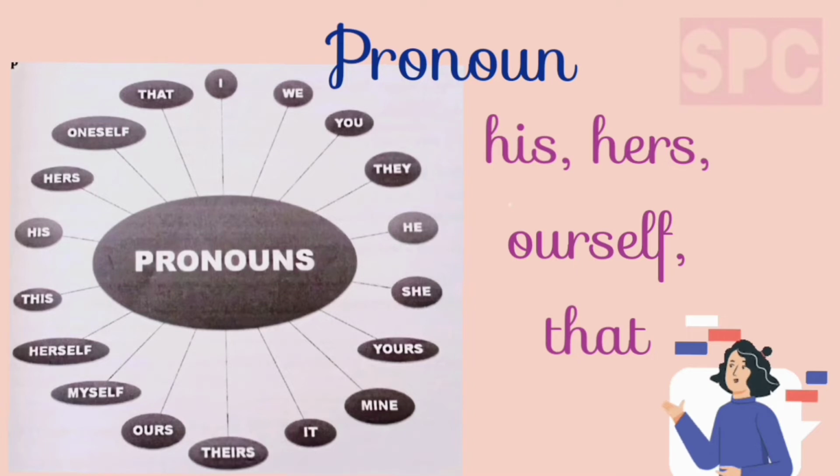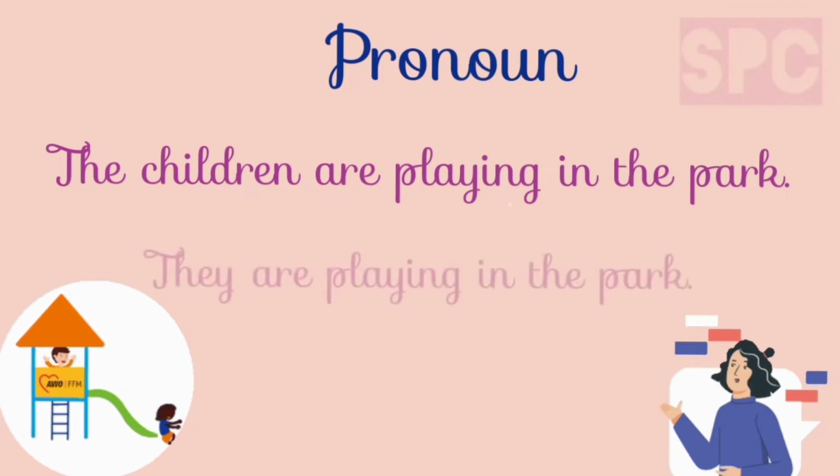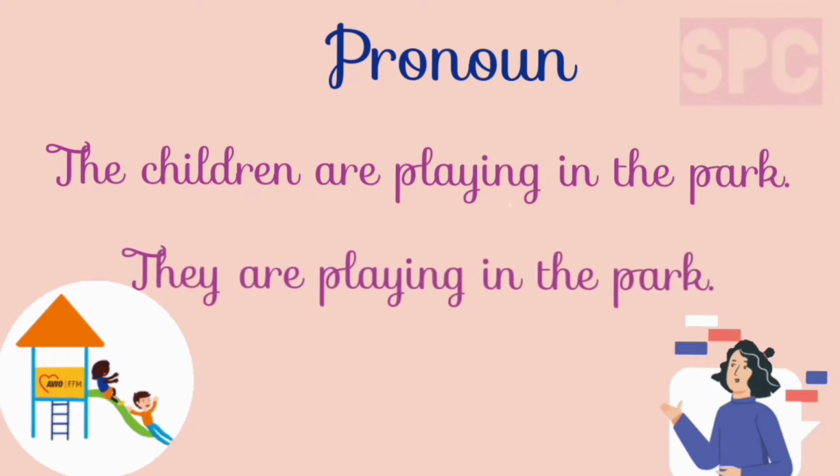Let's understand this with the help of some examples. The children are playing in the park. In this sentence, the noun children can be replaced by the pronoun they. They are playing in the park. The pronoun they is used for many people.